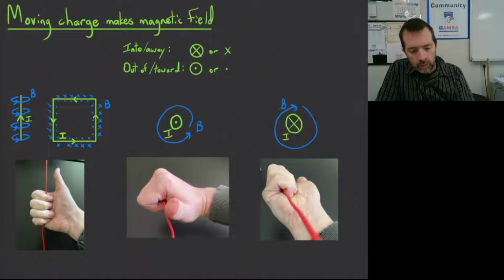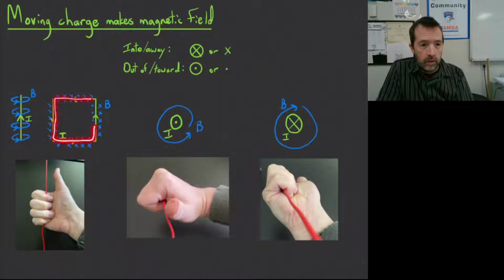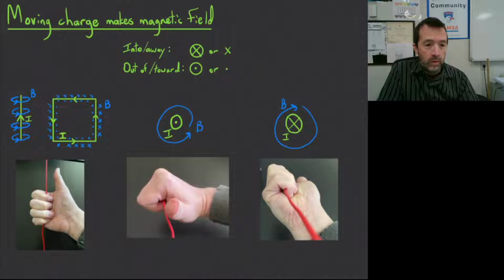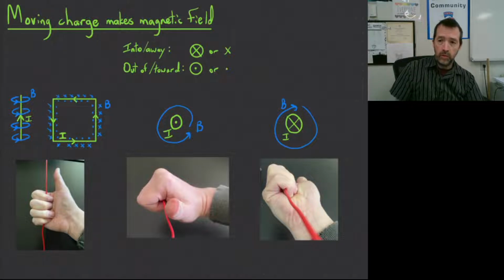Next to that, I have a square wire loop carrying a current, going clockwise or counterclockwise. On each segment of that loop, I've used the same right-hand rule.